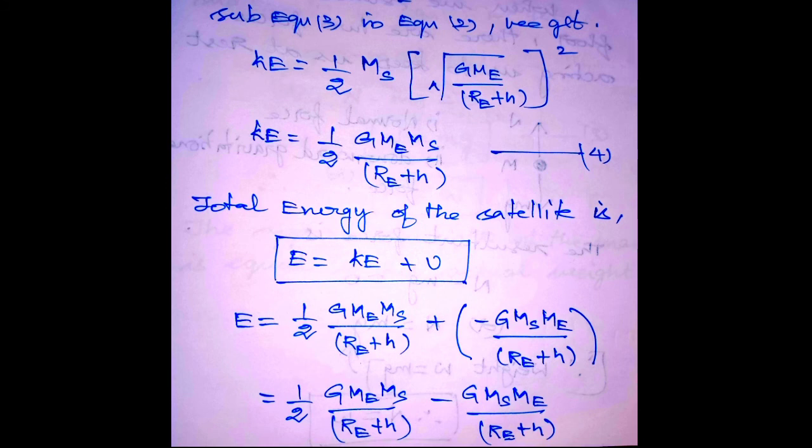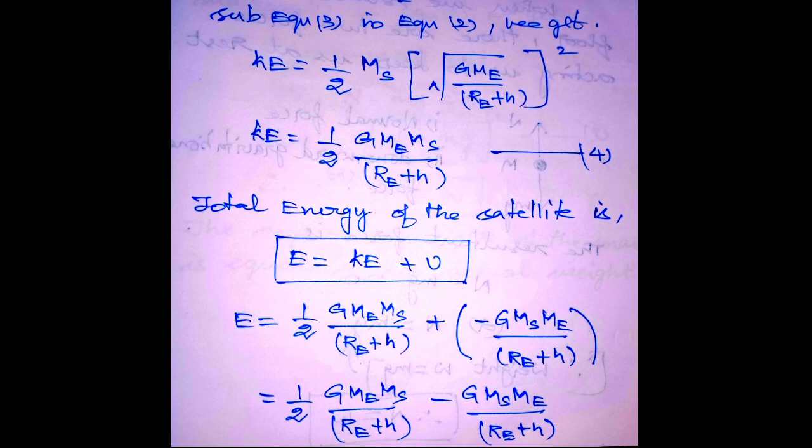Now for the total energy, we add the kinetic energy and the gravitational potential energy. Therefore E equals half of G Me into Ms divided by Re plus h, plus minus G Ms Me by Re plus h. Rearranging the right hand side, we get half of G Me Ms divided by Re plus h minus G Ms Me by Re plus h.